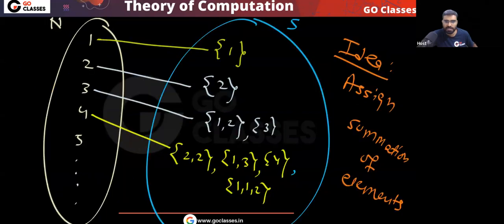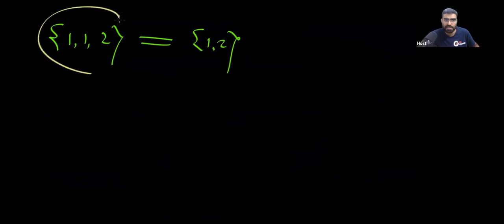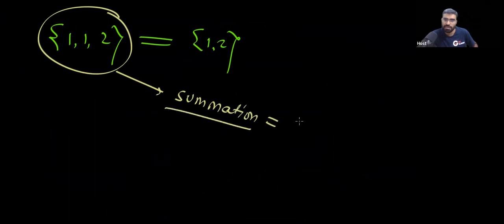Remember these two sets: this 1, 1, 2 is the same as 1, 2. So here the summation is what? Here the summation is 3 only, because they are the same.